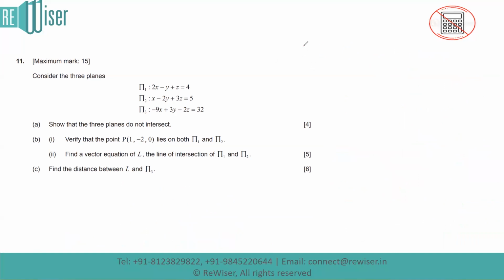Now, part C: find the distance between the line and plane 3. So now we have a line somewhere like this, and we already know the equation of the line to be (1, -2, 0) plus t times (1, 5, 3). And now we have a plane, something like this.